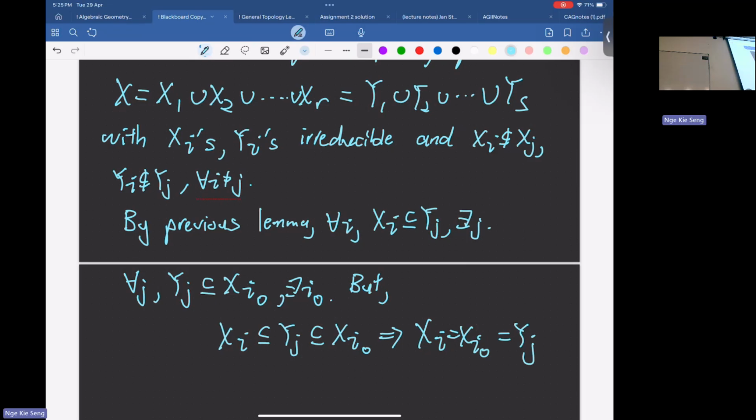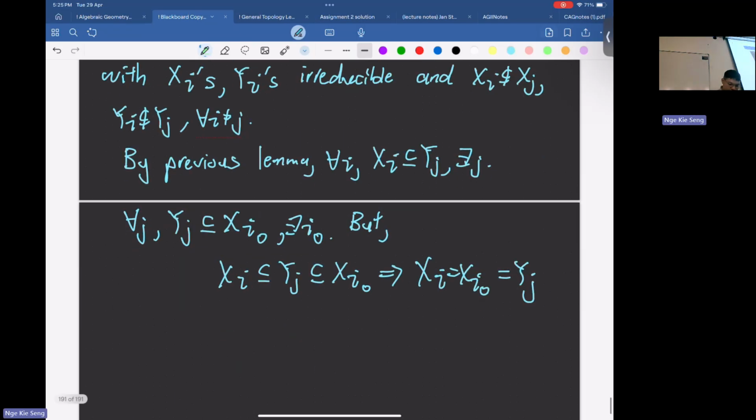Okay, should I write it down? Yeah, let's write it down. So Xi lives inside the union of some Sj, right? If it doesn't equal one of the Sj, what happens?